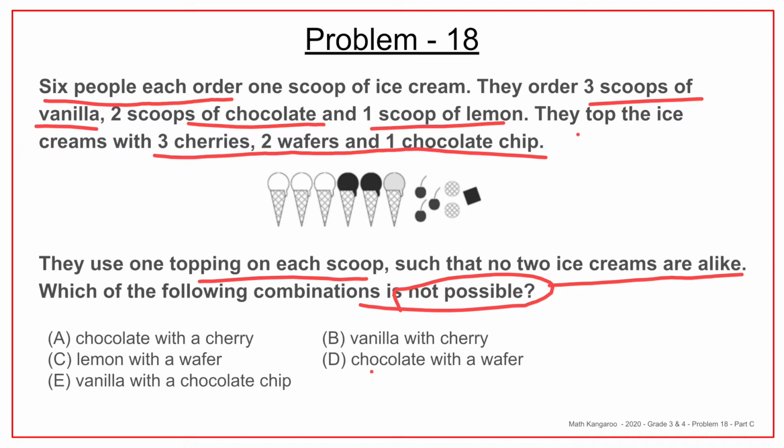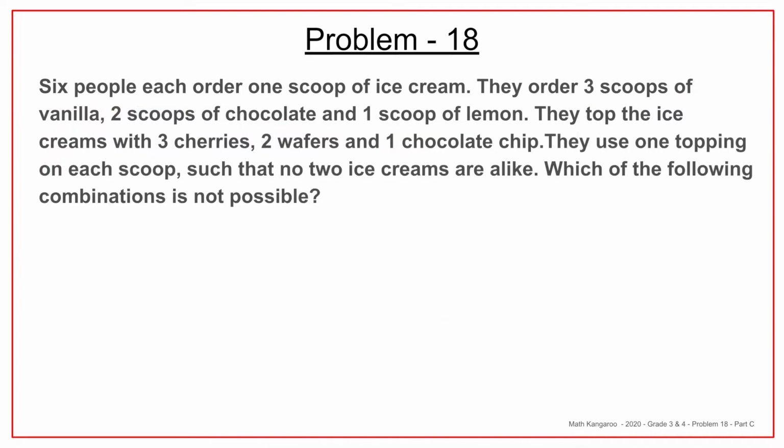So we have 3 vanilla ice cream, 2 chocolate, 1 lemon. We have toppings, 3 cherries, 2 wafers, and a chocolate chip. Each ice cream must have a unique combination of flavors plus toppings. So let's assign the toppings to them. So we have these ice creams. We have 1 cherry, 1 wafer, and then chocolate.